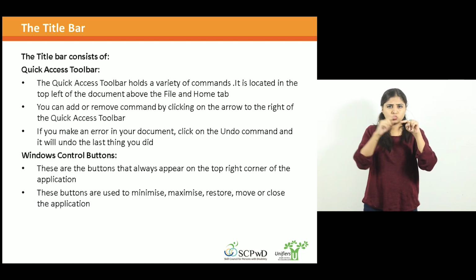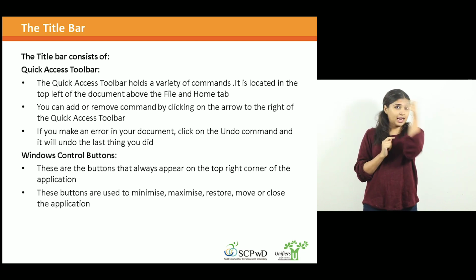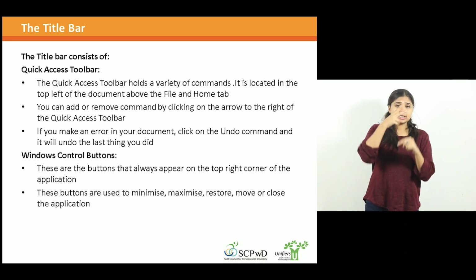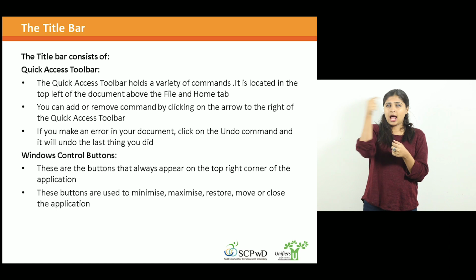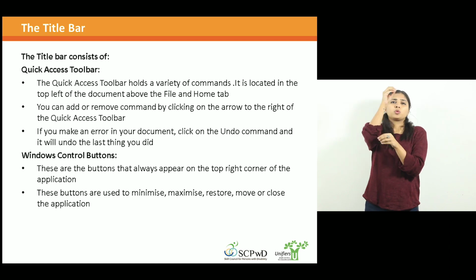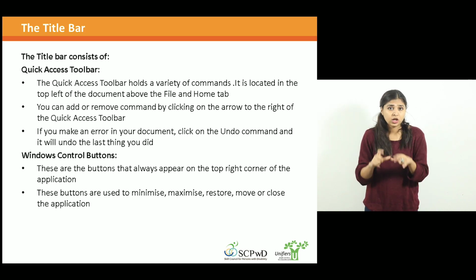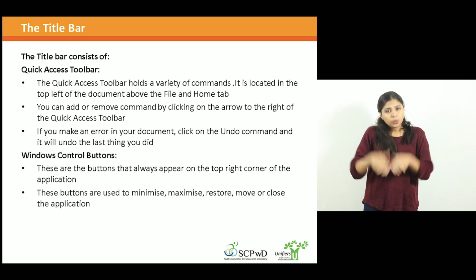The Quick Access Toolbar holds a variety of commands. It is located in the top left of the document above the File and Home tab. You can add or remove commands by clicking on the arrow to the right of the Quick Access Toolbar. If you make an error in the document, click on the Undo command and it will undo the last thing you did.